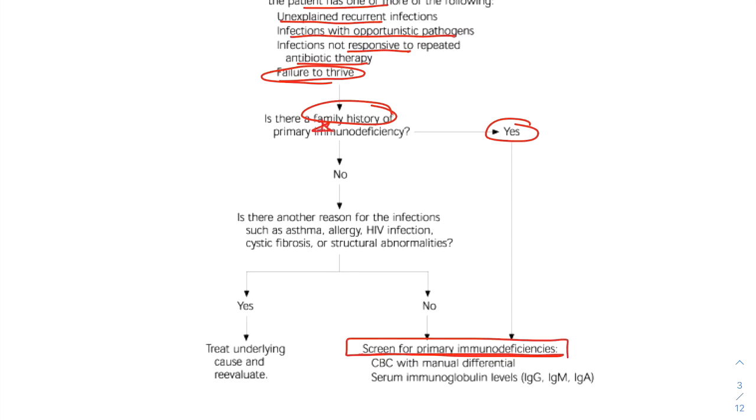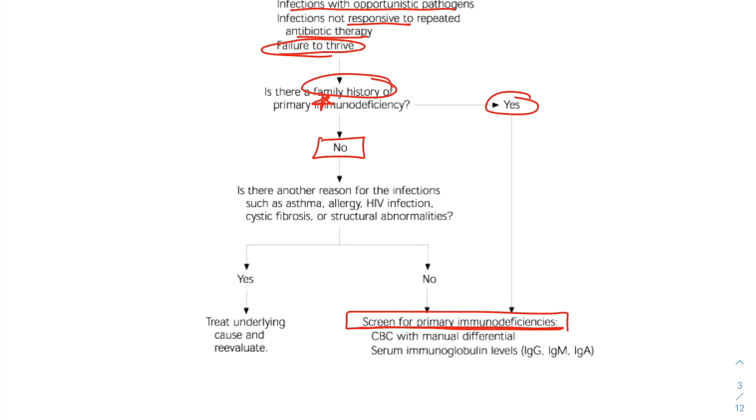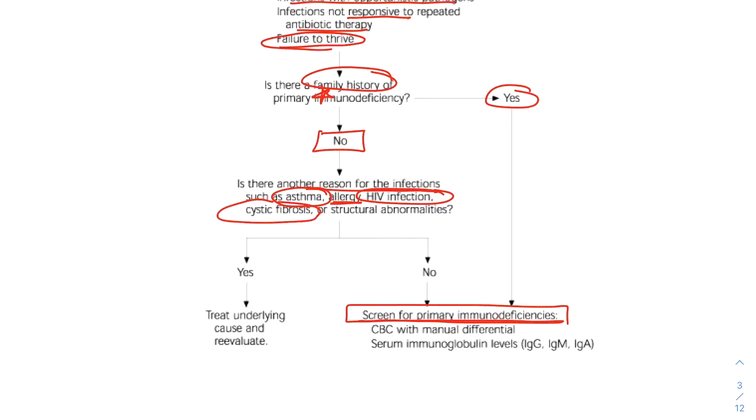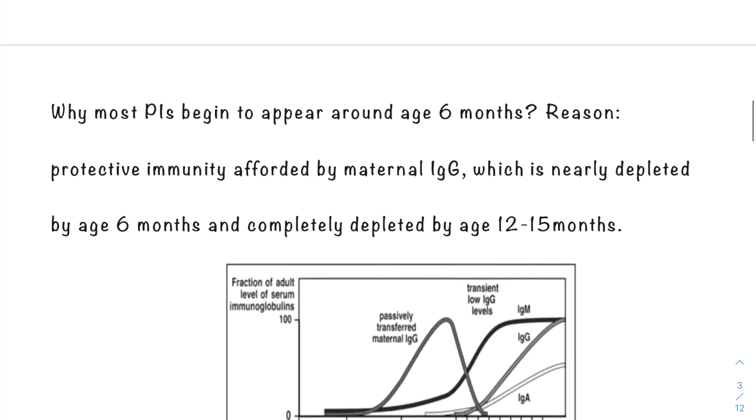However, if a family history is not present, then we can look for other reasons for the recurrent infections, like asthma, allergy, HIV infection, that is a secondary immunodeficiency, and cystic fibrosis. If there is a reason other than primary immunodeficiency and we have found it, we can treat for that. And if not, then we again screen for the primary immunodeficiencies.